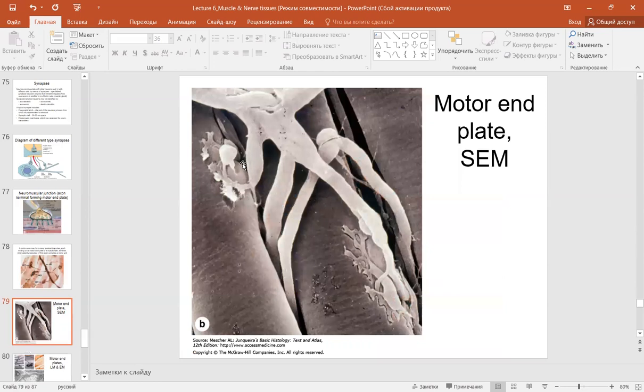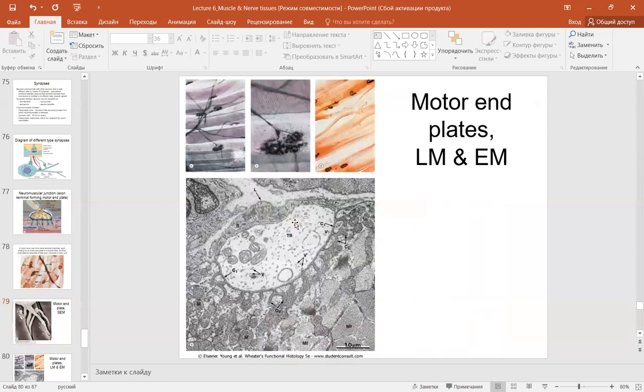Here you have the motor end plate on the skeletal muscle, the scanning electron micrographic representation. Presynaptic knob, plasma membrane of the muscular fiber, cross striations are visible, and this forms the units of motor end plates.